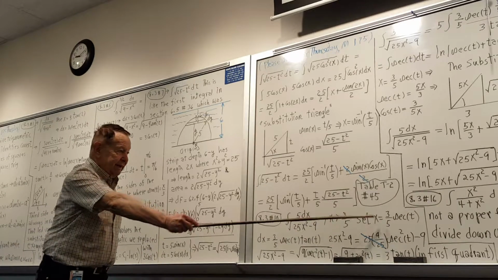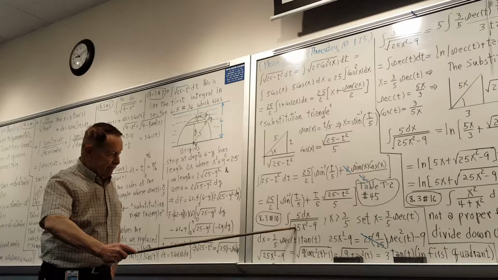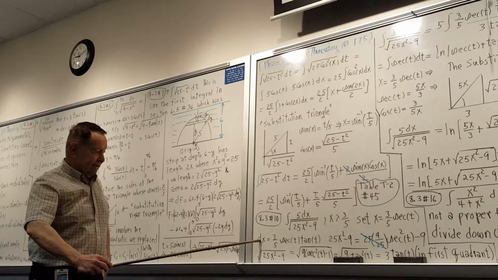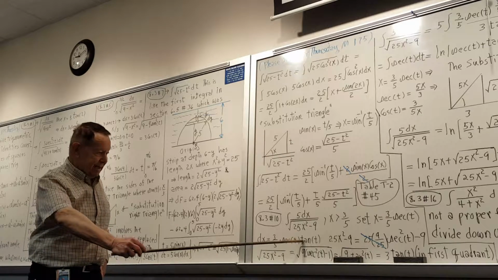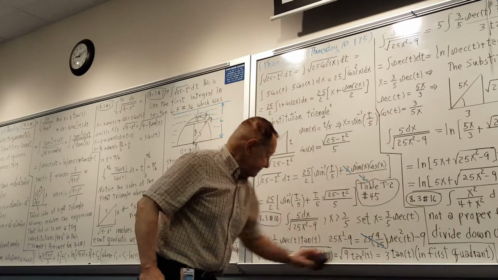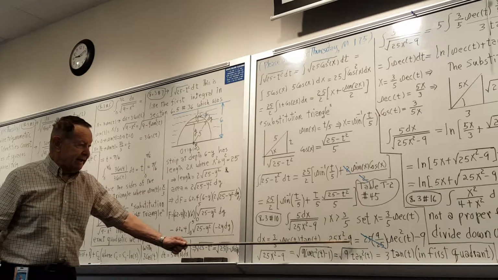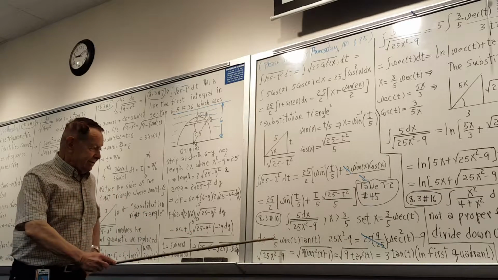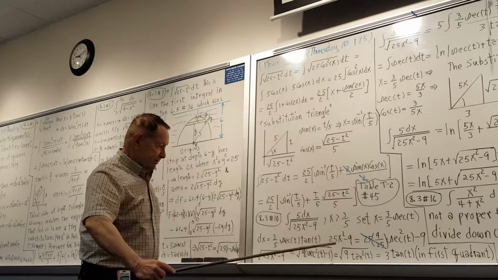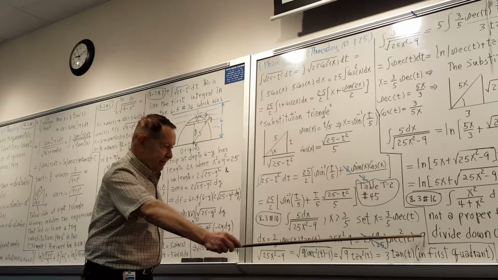So let x be whatever would be your square root of this number over that one, which in this case is 3/5 secant. And then your dx is 3/5 secant tangent. And then you see, if you have done that, your 25x² minus 9: the x is the 3/5 secant, so the x square is 9/25 secant square minus 9.